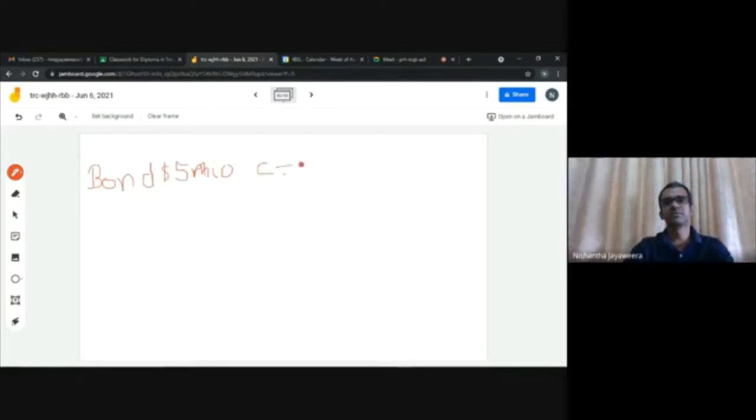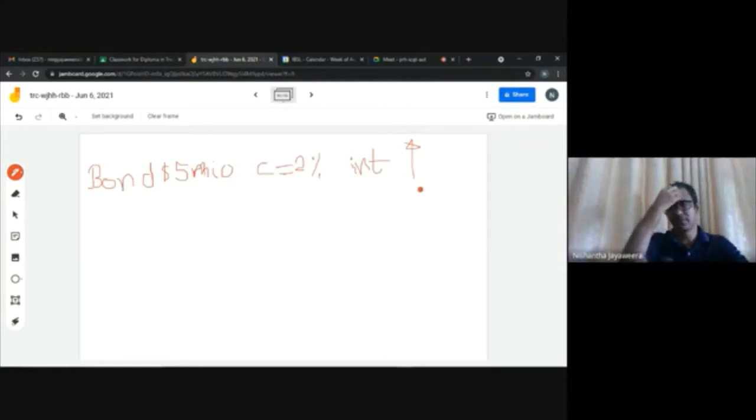Coupon 2%. Now you expect interest rate to go up. What would happen if interest rate goes up?